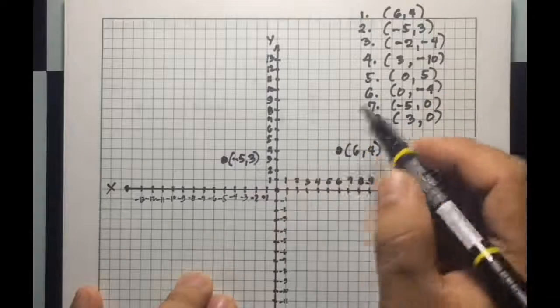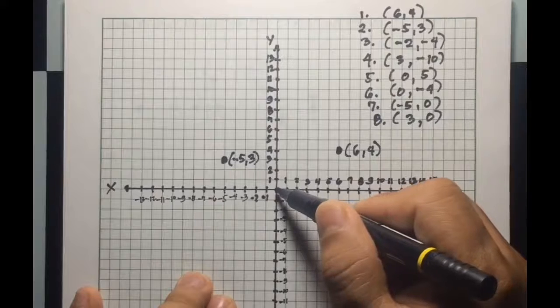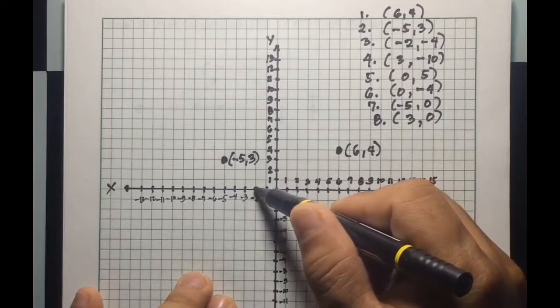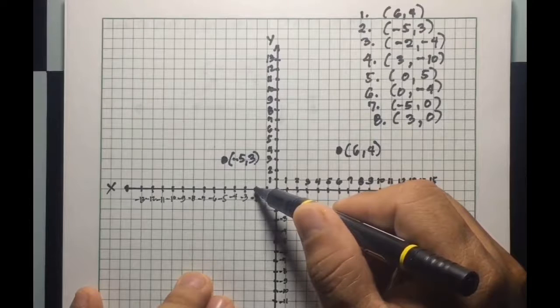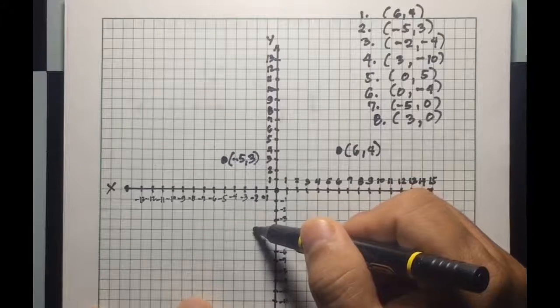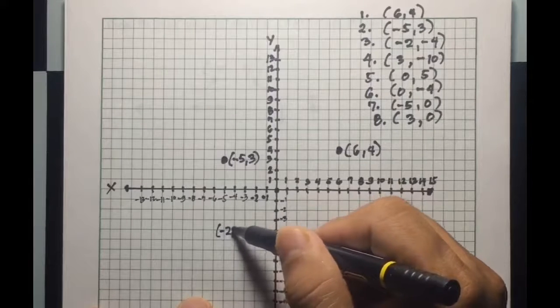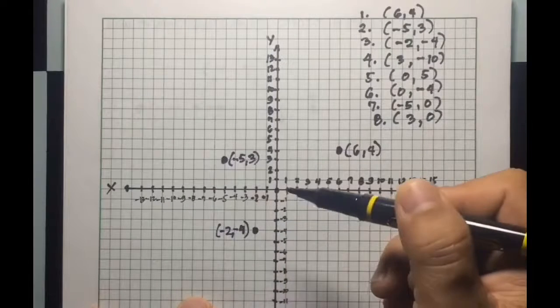And number 3, this is negative 2, negative 4. Starting point, x is negative 2, so move to the left: 1, 2. Then y is negative 4, so you're going to move downwards 4 units: 1, 2, 3, 4. So this is point negative 2, negative 4.